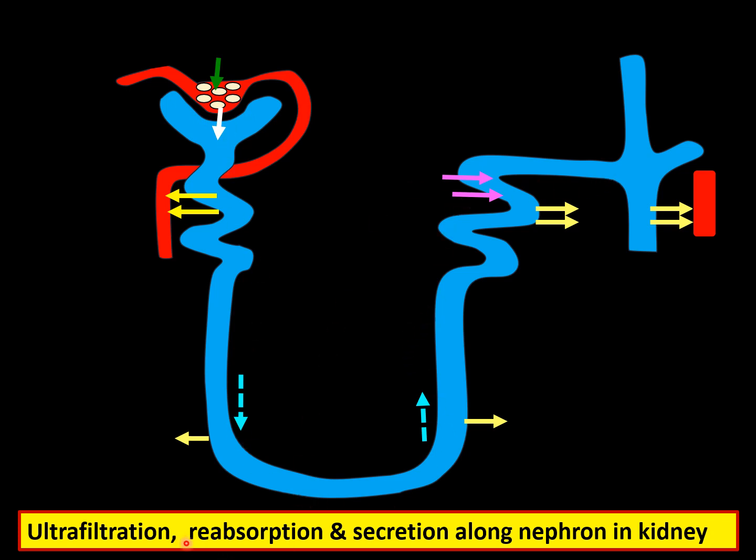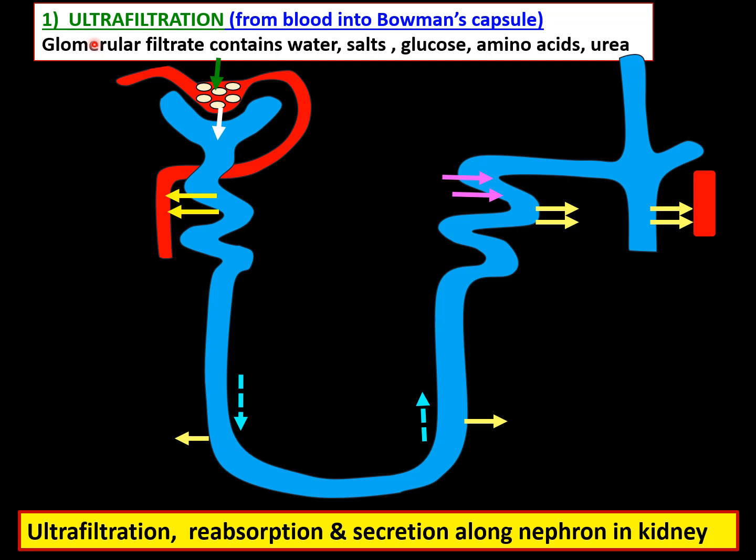The different processes occur in different parts of the nephron. The first process is ultrafiltration, which we will study in more detail in the next slide. Ultrafiltration occurs at the glomerulus when substances in the blood are forced out into the Bowman's capsule.